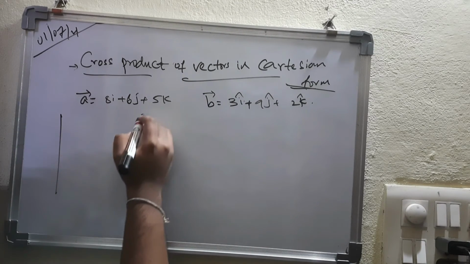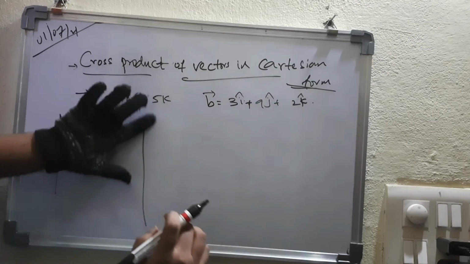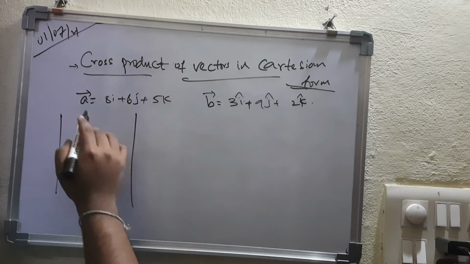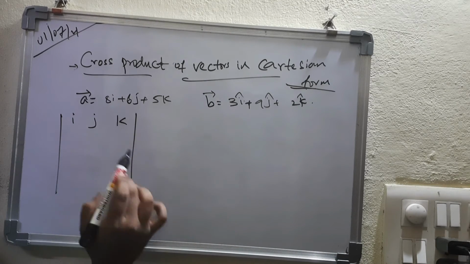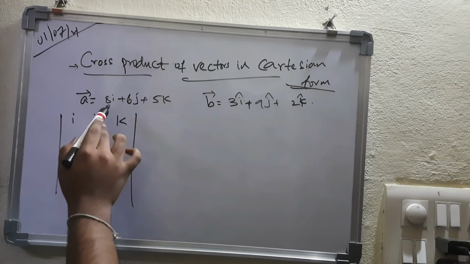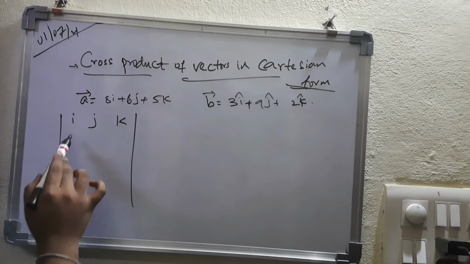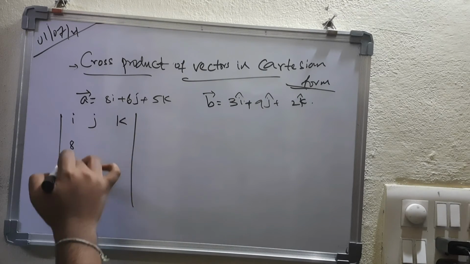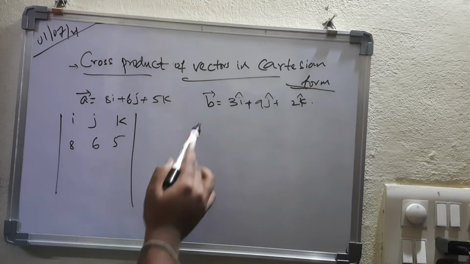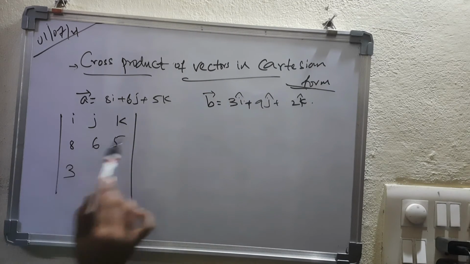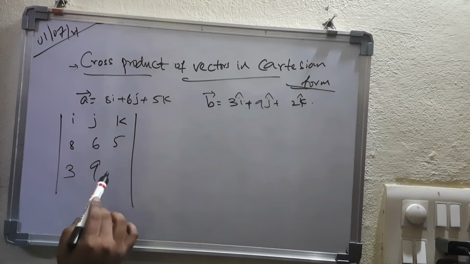So first of all, draw two lines like this. Write i, j, k like this, and write the values of the A vector. 8 comes below the i, 6 here and 5 here. Now for B, 3 here, 9 here and 2 here.